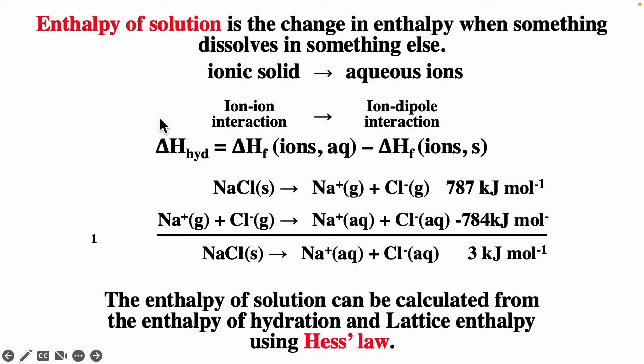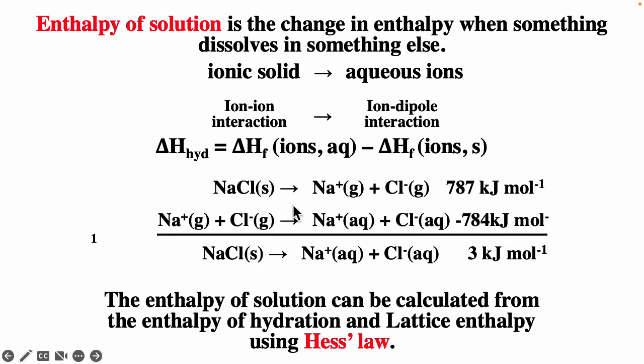We can actually calculate the enthalpy of solution for an ionic solid. And so we have the lattice enthalpy going from the solid to the gaseous ions. And then if we take the gaseous ions and put them in solution, forming the aqueous ions, this is the hydration enthalpy.